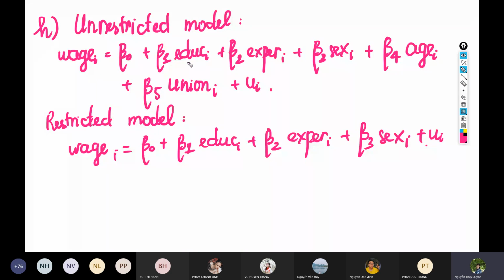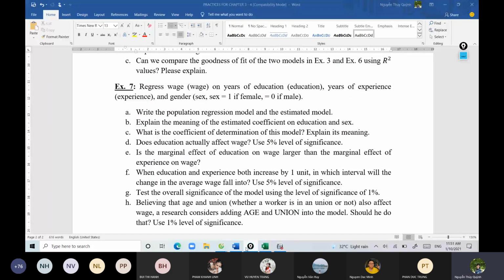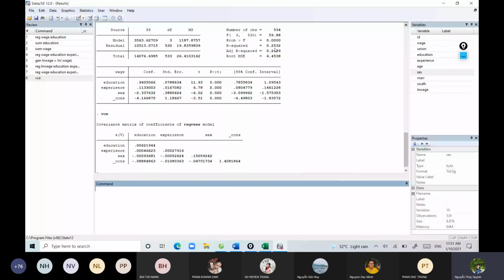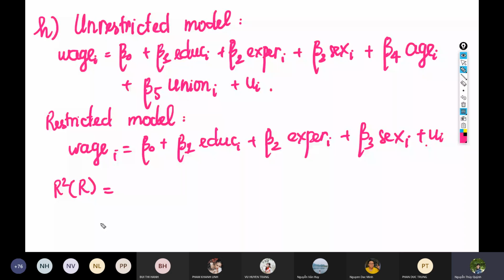What is the R square of the restricted model? We already have that, which is 0.2532.